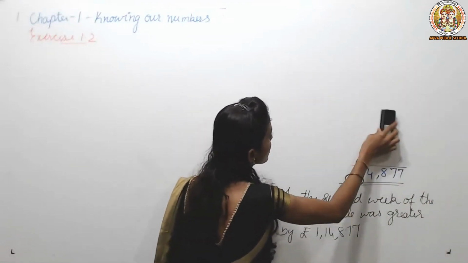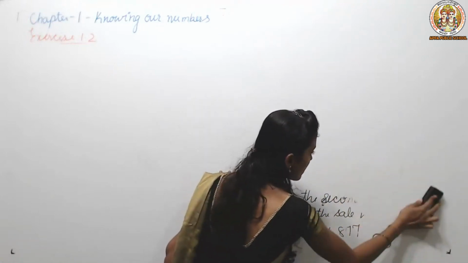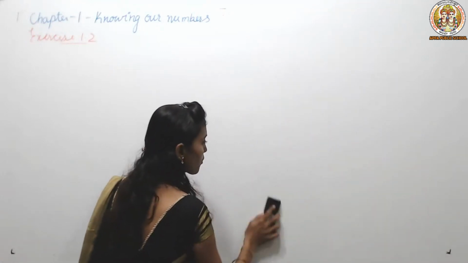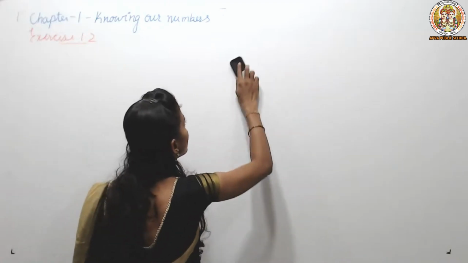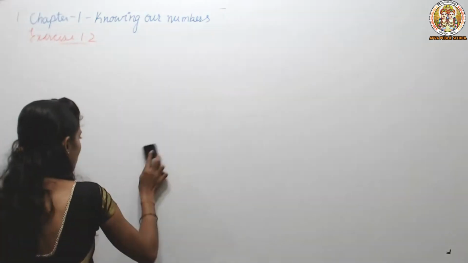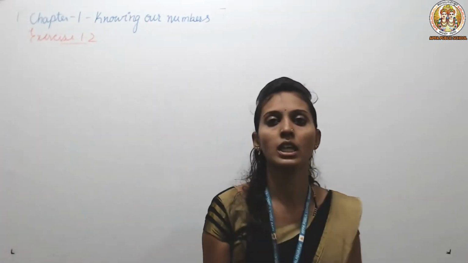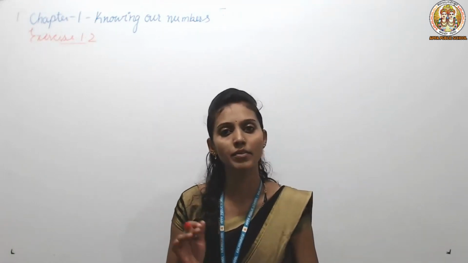And then we have to find the difference between those two numbers. If they don't give any digits, then what is the greatest 5-digit number and the smallest 5-digit number? The greatest 5-digit number is 99,999. The smallest 5-digit number is 10,000, right? But here the digits have been given.